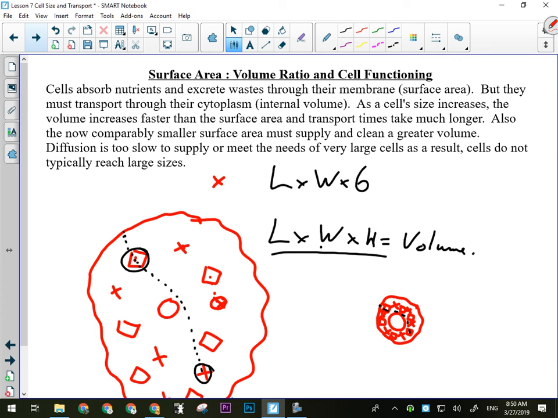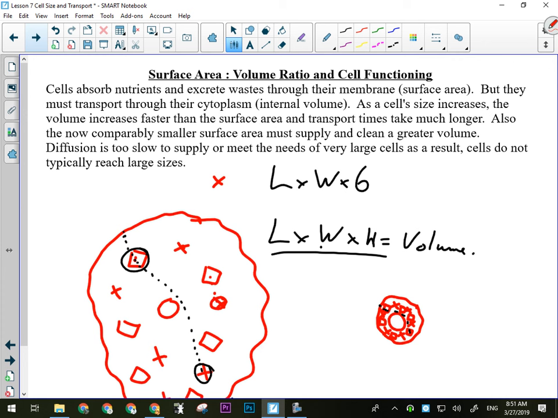Now, the bigger a cell gets, the bigger its surface area gets, obviously. And the same is true for its volume. But surface area is a two-dimensional measurement. Volume is a three-dimensional measurement, which means if I increase the size of something, its volume increases way faster than its surface area does.